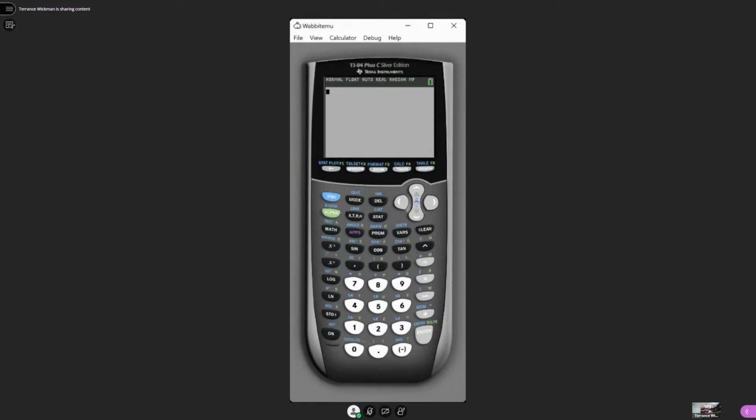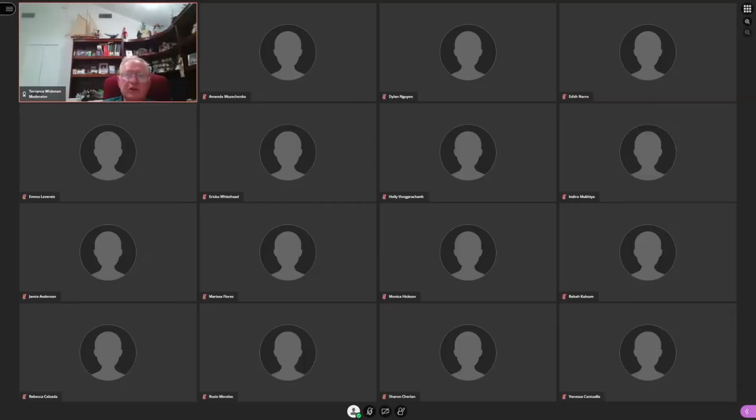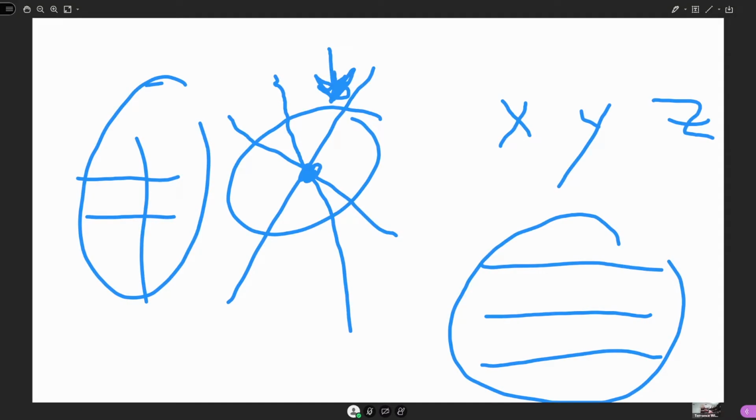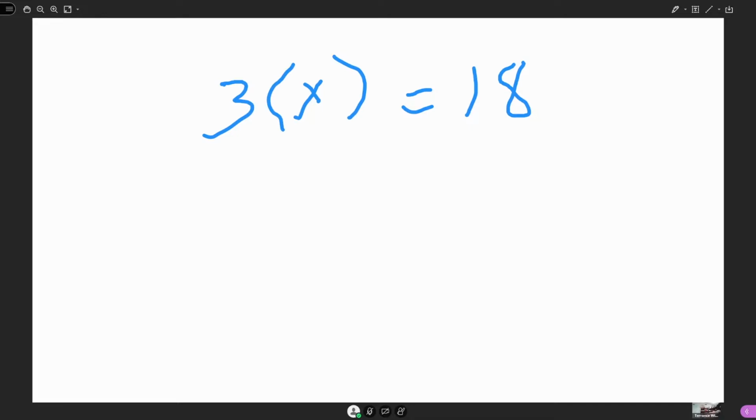Now, here's what we're doing. Let me explain now. I probably should have made that a little better before, but maybe we'll do it again. We've talked about this before. We said if 3 times x equals 18, in matrix systems, we can't use division, but we can use multiplication.